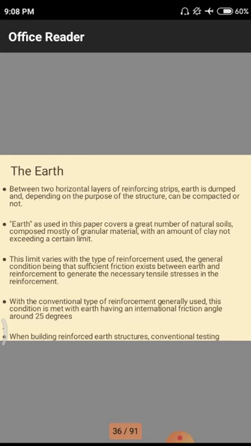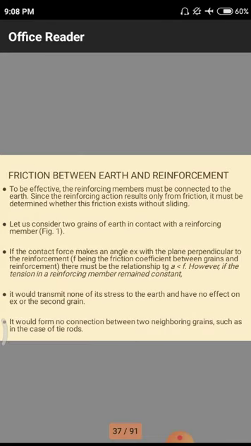After that we have the soil mass, for which we have to observe the bearing capacity for those particular soil conditions. Next, the major one we have to use is the friction between the reinforced earth and the reinforcement.